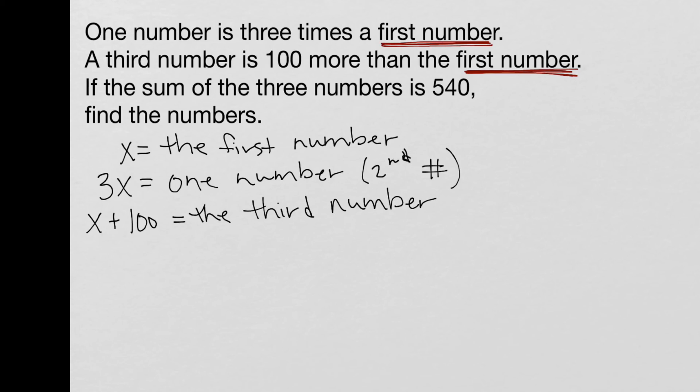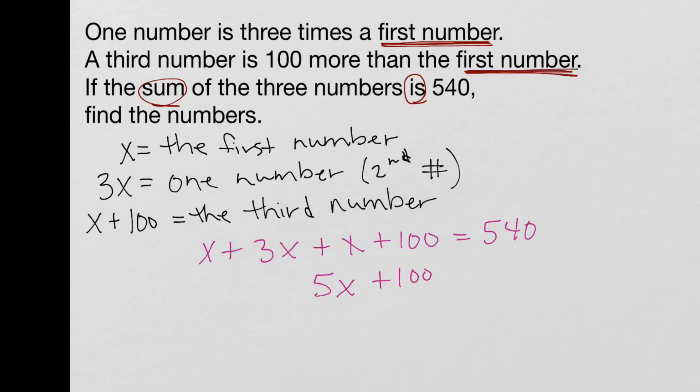Now we look at the problem and we see that it says to find the sum, which in math means add, and their sum is, which in math means equals, 540. So we'll take these 3 numbers, add them all up, and set them equal to 540. So that gives us 5x plus 100 equals 540.